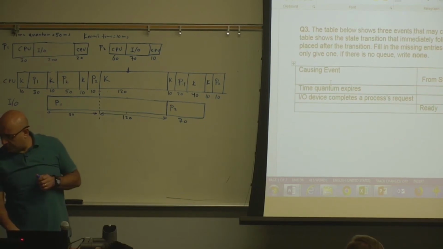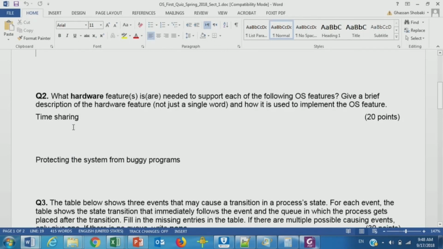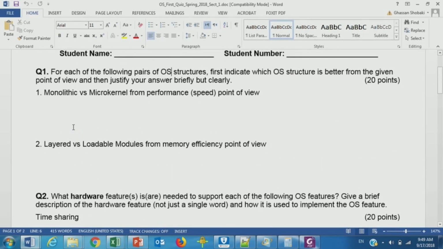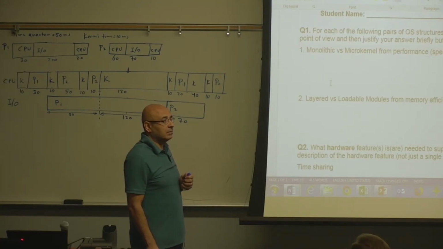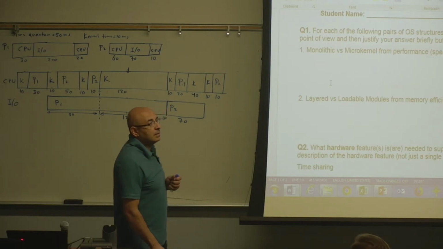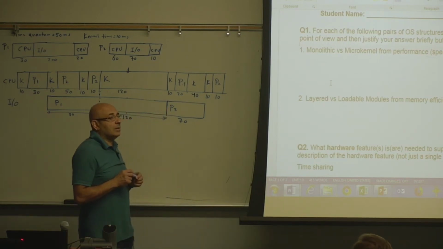Okay, we still have a couple of minutes, so we'll go through question 1 and question 2. Now, comparing OS structures, compare from the given point of view. Monolithic versus microkernel from the performance point of view. Which one is better and why? Monolithic. Why? It can go directly from one application to the kernel.